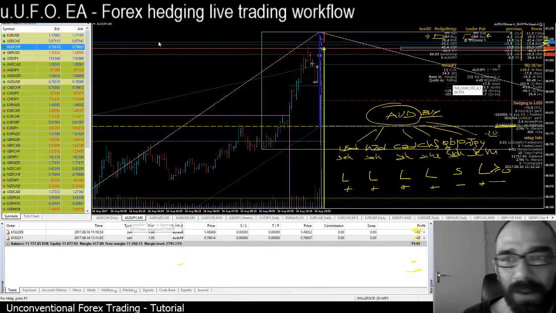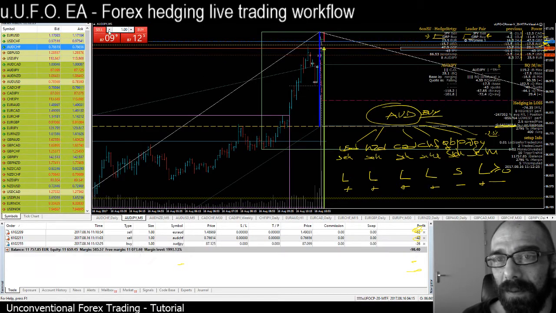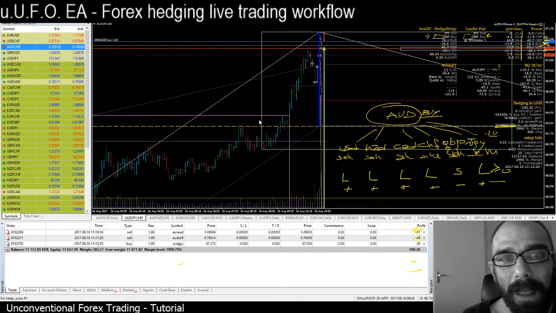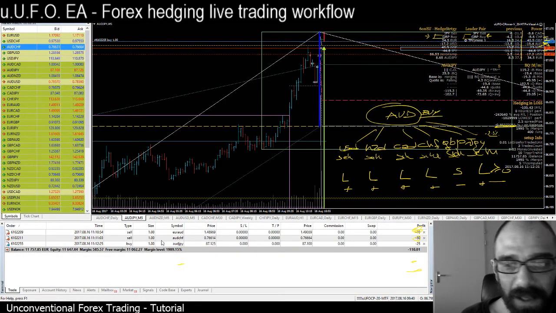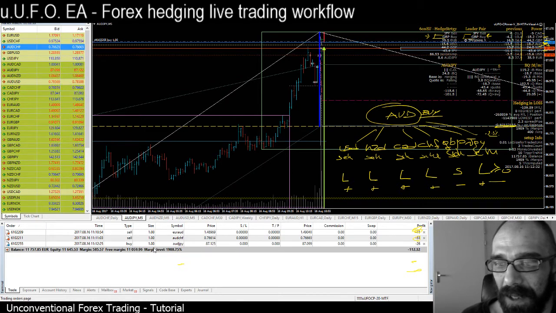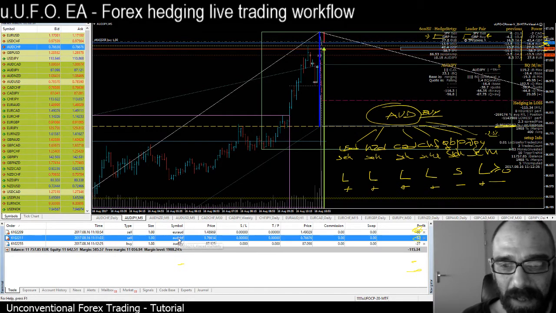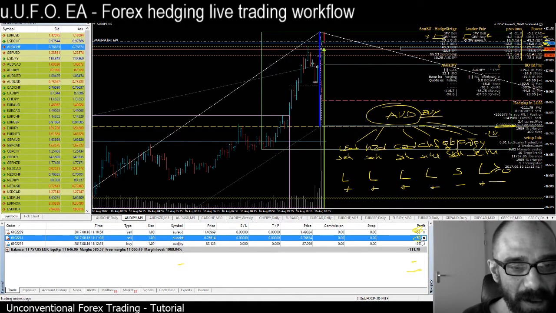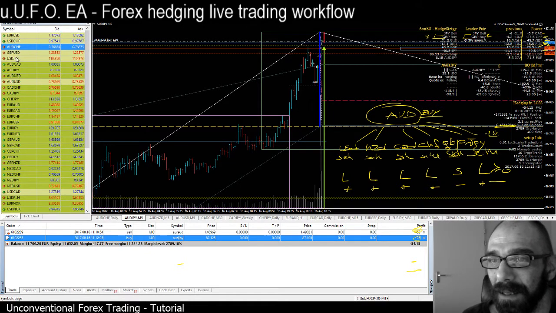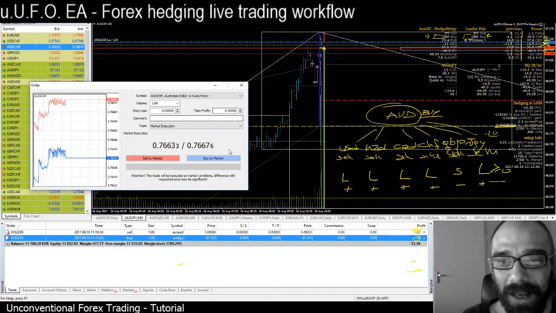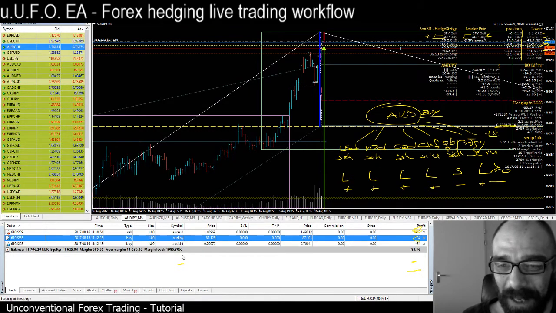Yeah, quote is falling, so I can also put Australian dollar Japanese yen. So at this moment I'm just trading these three currencies, and I think I also made a little mistake because Australian dollar Swiss franc is not in sell. I beg your pardon, but it's in buy. I always make a little mistake anyway.